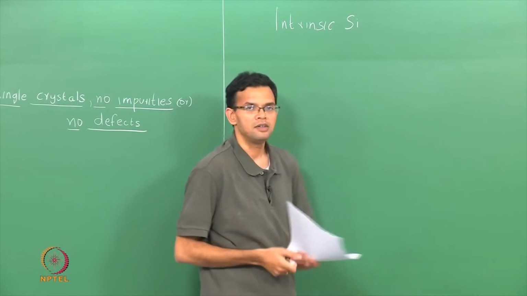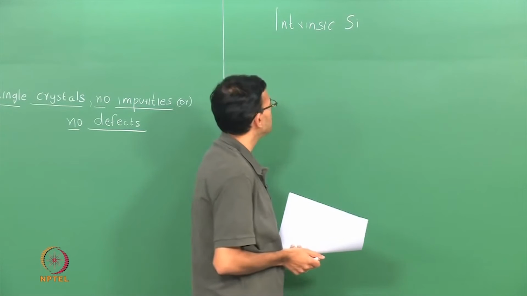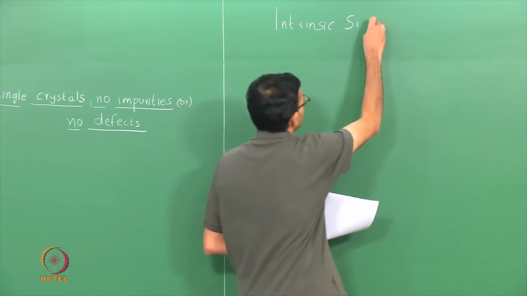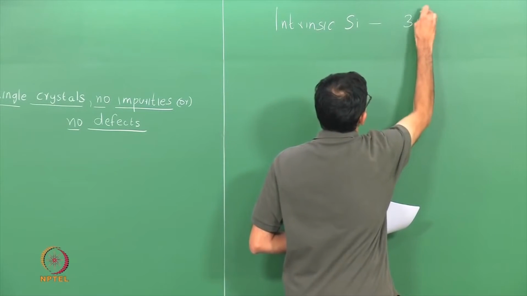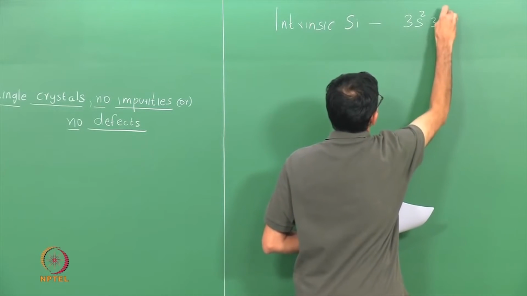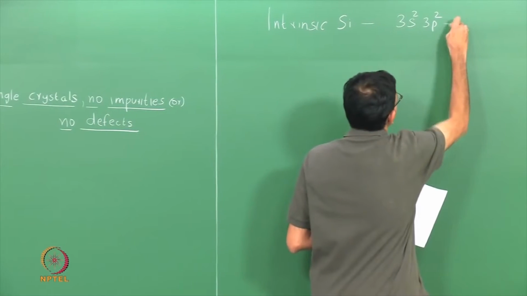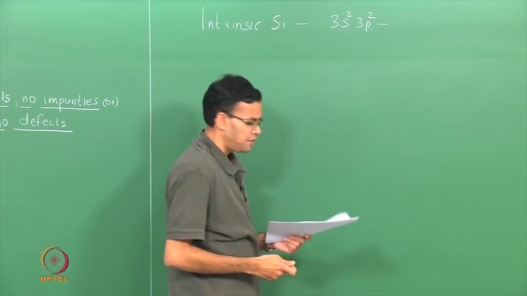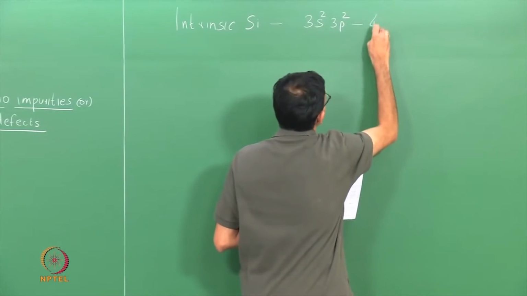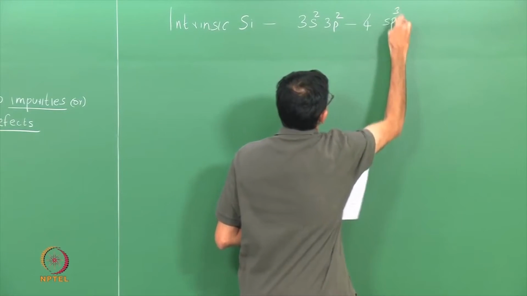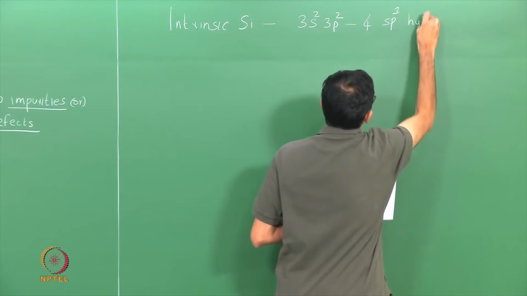As we saw earlier, the electronic configuration of the outer shell of silicon is 3s2, 3p2. There are a total of 4 electrons. The s and the p orbitals hybridize to give you 4 sp3 hybrid orbitals.